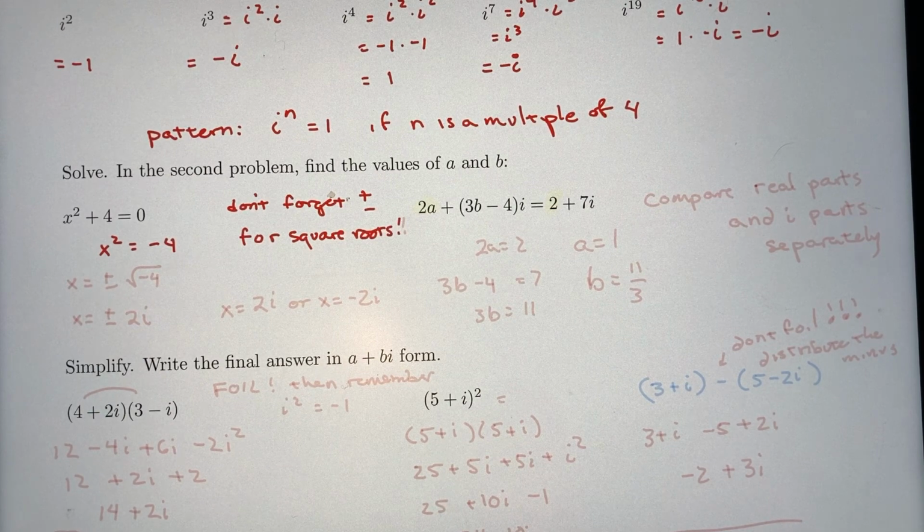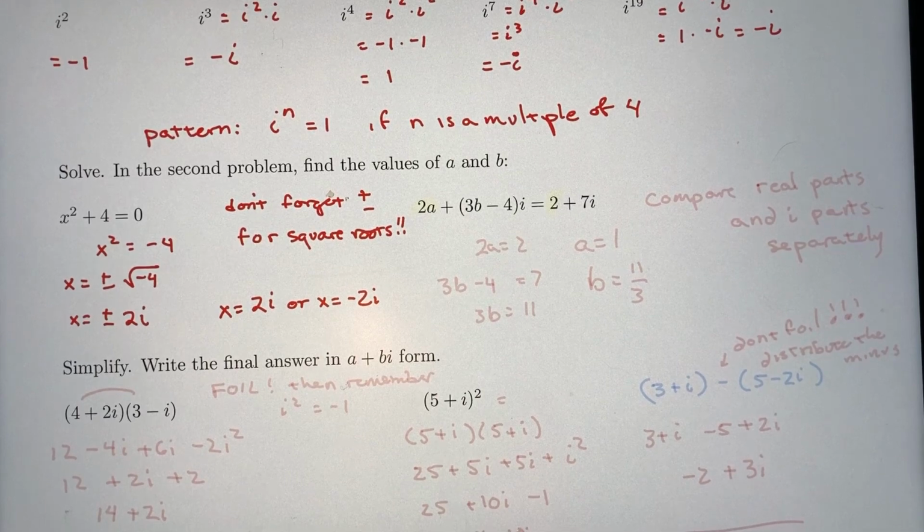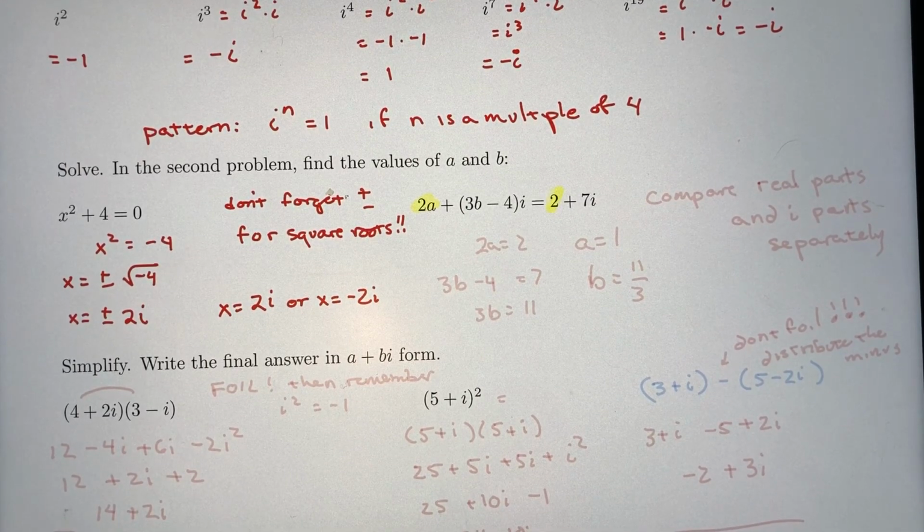Don't forget, whenever you take a square root, it's plus or minus. So x is plus or minus 2i. Okay, in this one, we compare the real parts and we compare the imaginary parts separately.